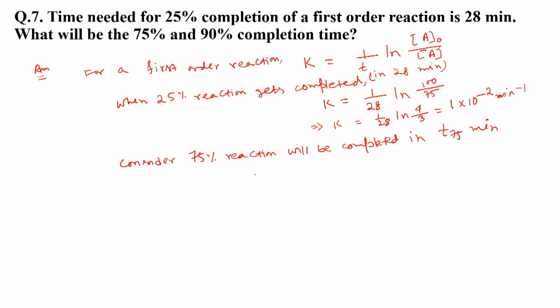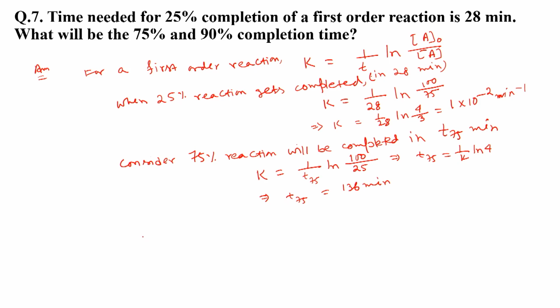We know k is 1 by T 75 times ln. We started with 100 and 75% completed, so concentration of A is 25. So we get T 75 is 1 by k ln 4. So T 75 is 136 minutes.